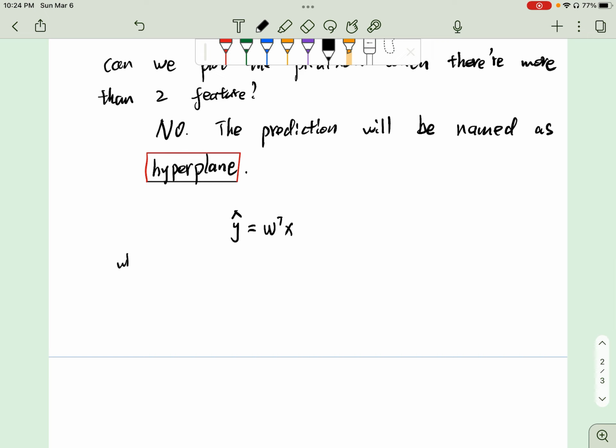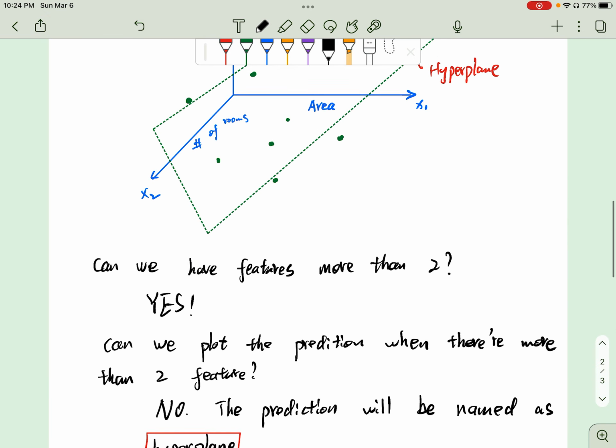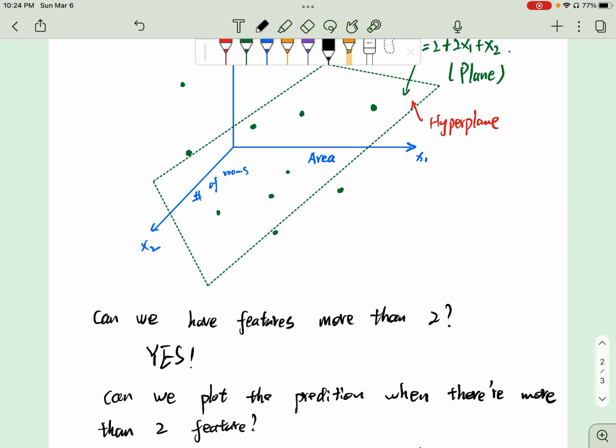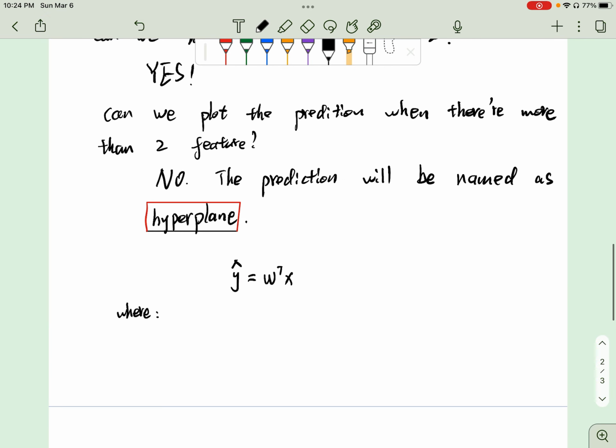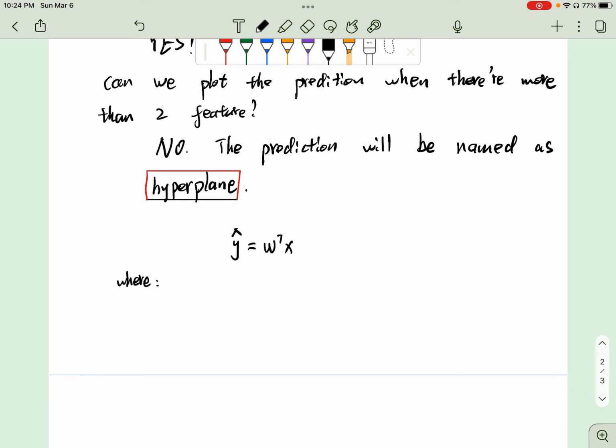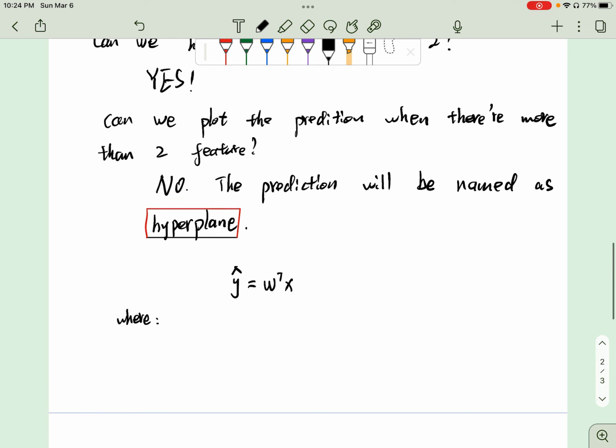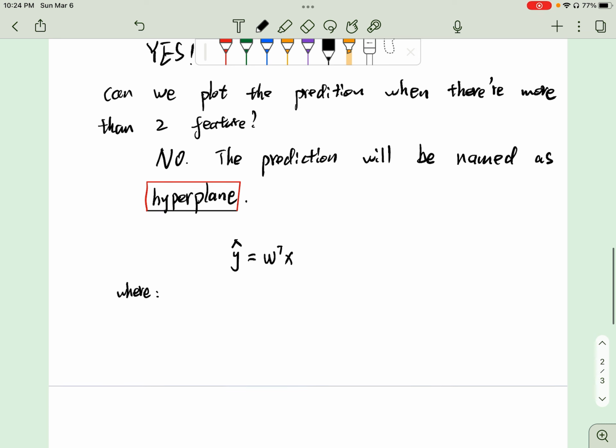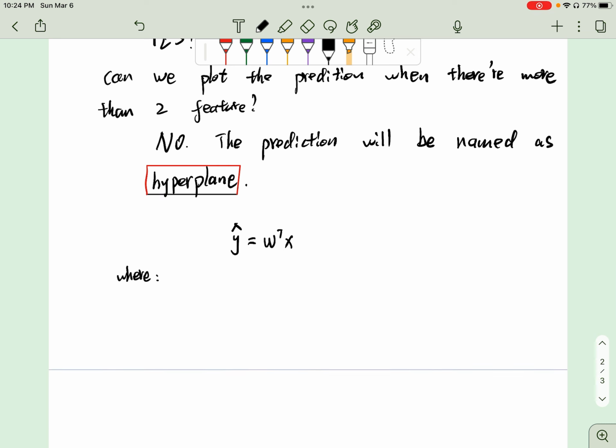Okay, so here let's extend from 2 features to any number of features, maybe even an infinite number of features, because this is closer to our practice, since we don't want to limit the number of features we have.